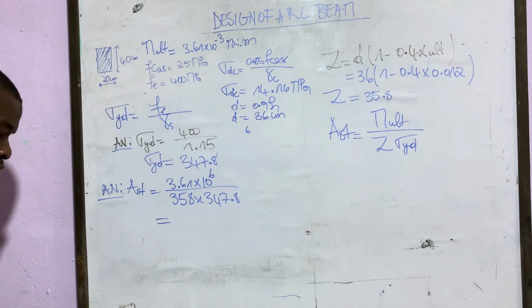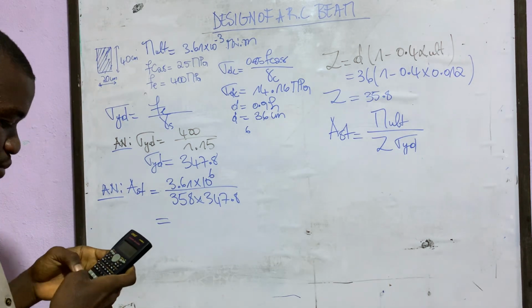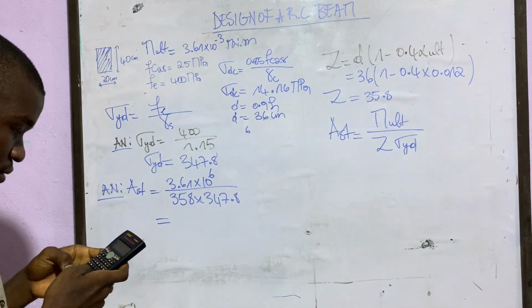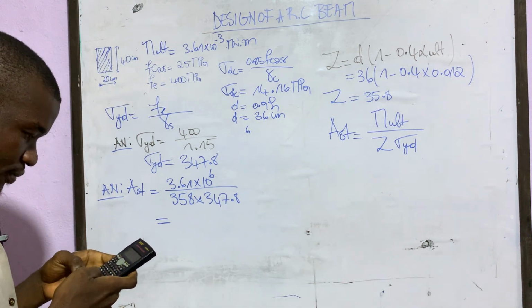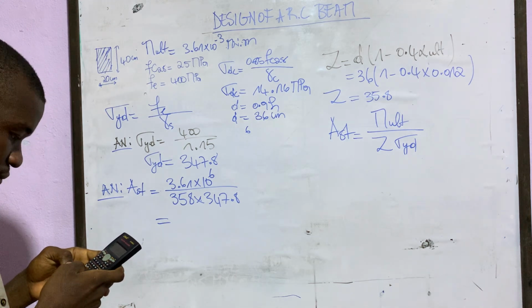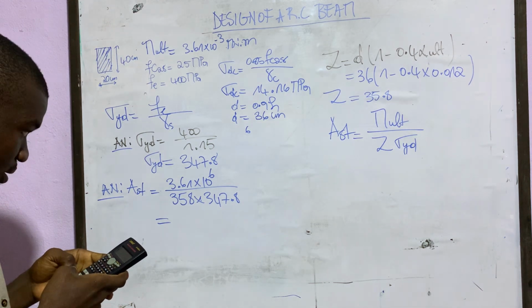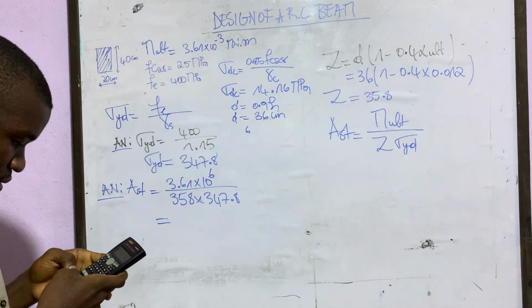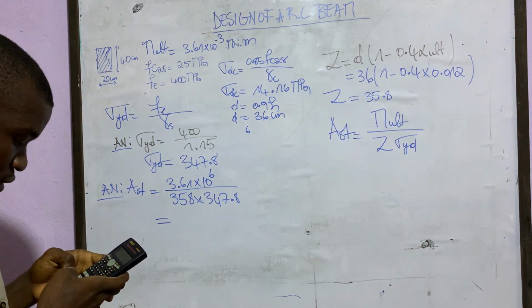So numerically, when we punch it, we punch times 10 to the power 6 divided by 358 times 347.8.